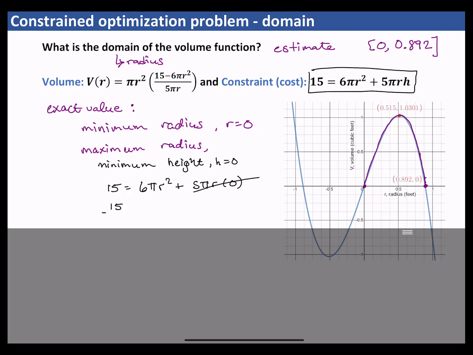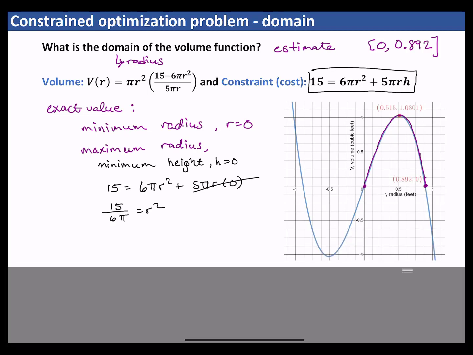Divide both sides by 6 pi. Take the square root, so we'd have technically plus or minus the square root of 15 over 6 pi.